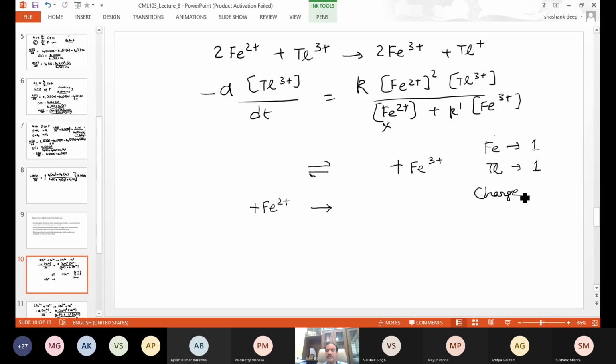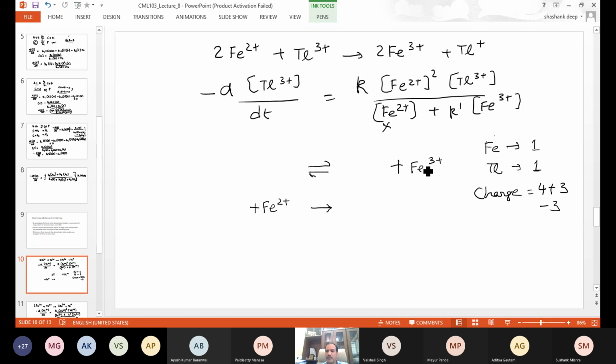How much should the charge be? Again, what is the charge here? 4 plus 2, 2 plus 2 is 4, here plus 3 and here minus 3. I am neglecting this thing because this is the slow step. I am thinking that this is a slow step, so I am neglecting this.